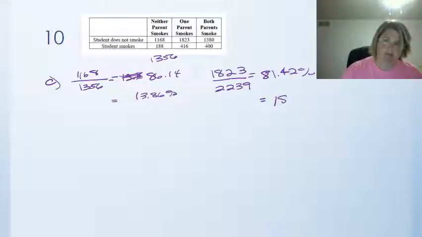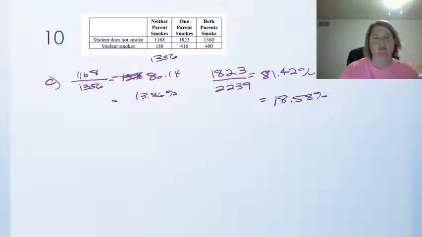Either way, it's going to be 18.58%. And then finally, we get to student does not smoke given that both parents smoke. And this would be 1380 divided by that column total, which is 1780, which would be 77.53%. And then the second percentage would be 22.47%.